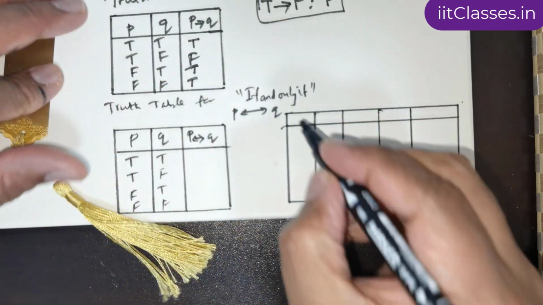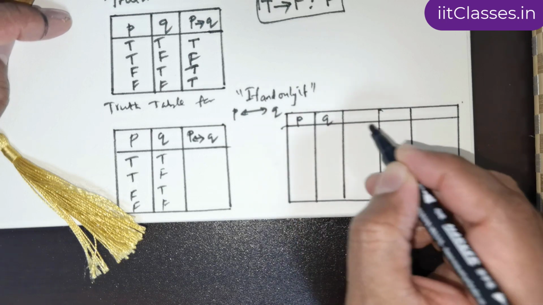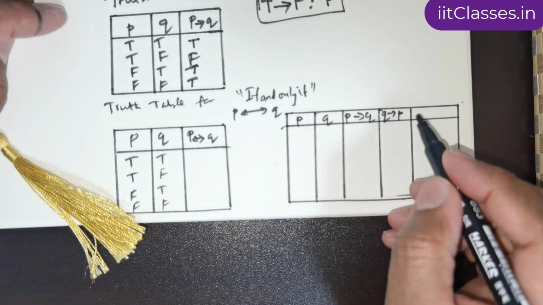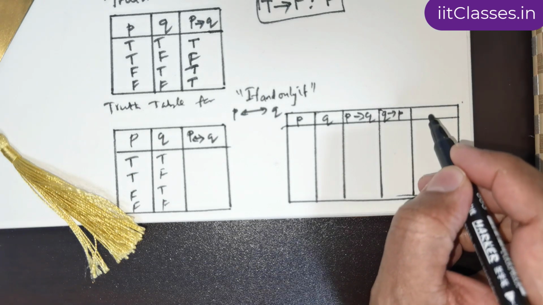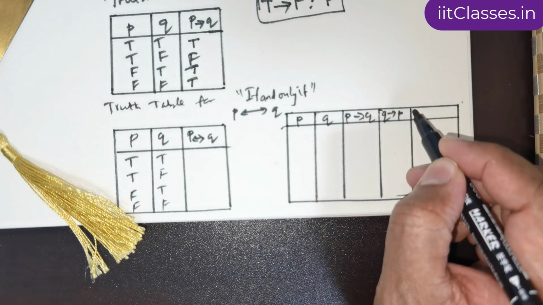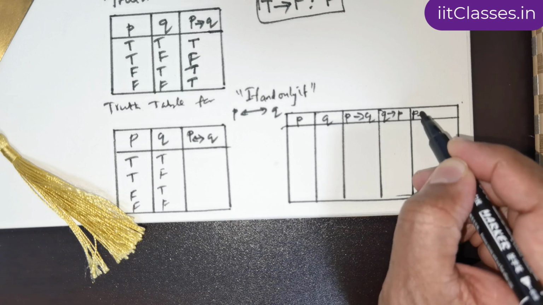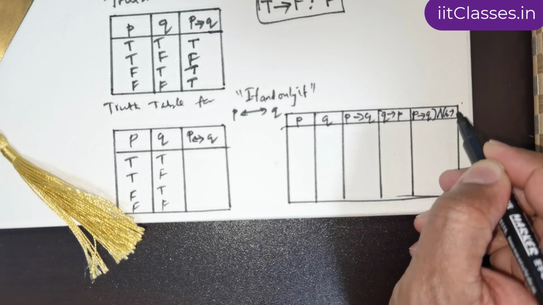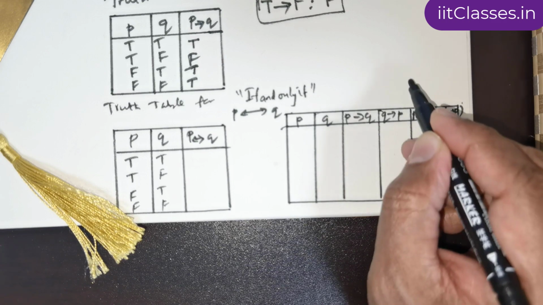Okay, so this is my P, Q, P conditional Q, Q conditional P, and the biconditional is actually P conditional Q conjunction Q conditional P. So let me write that down here.